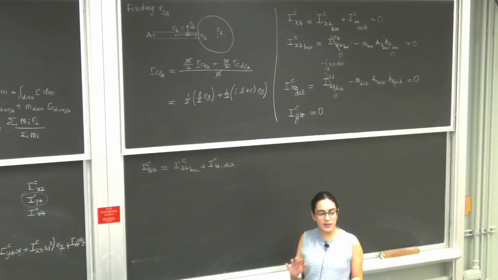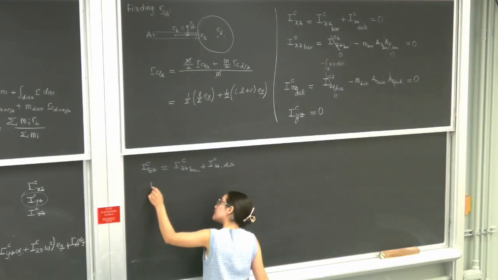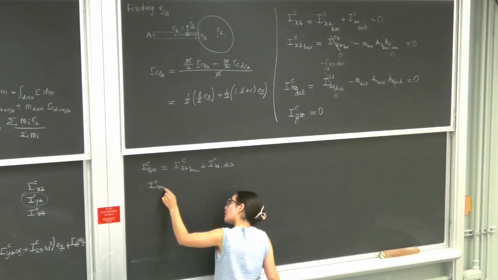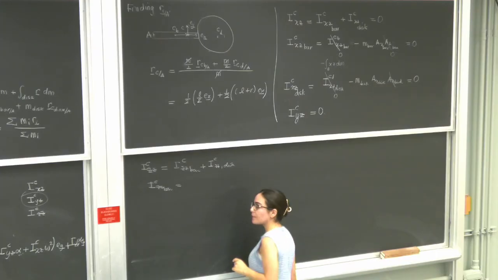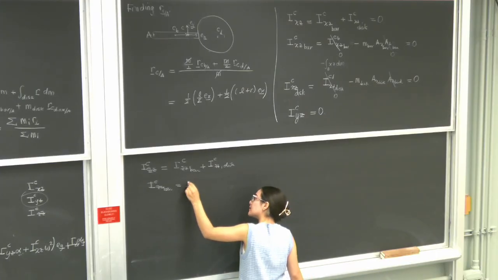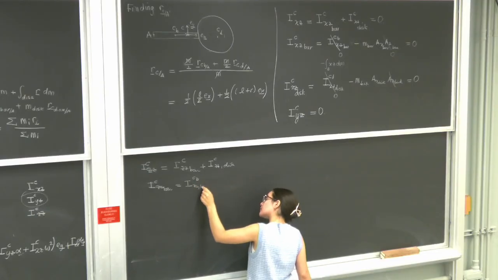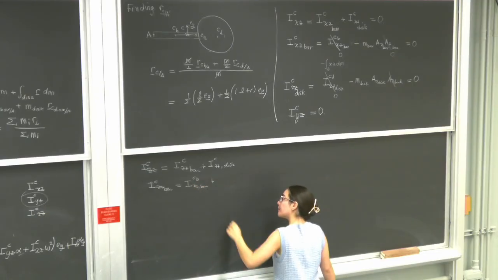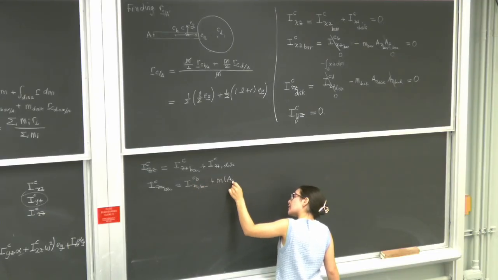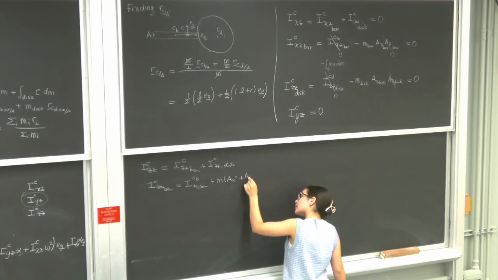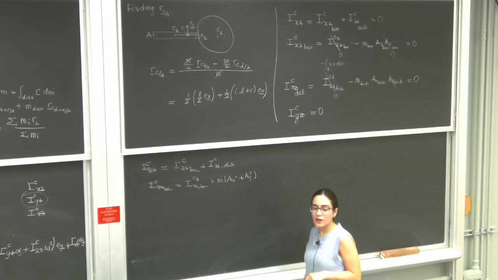Again, we do not have this in the table, so we're going to use the parallel axis theorem. I_C zz of the bar, using the parallel axis theorem, is I_C of the bar about its own center plus m a_x squared plus a_y squared. Okay.